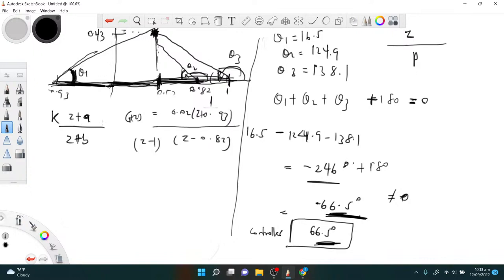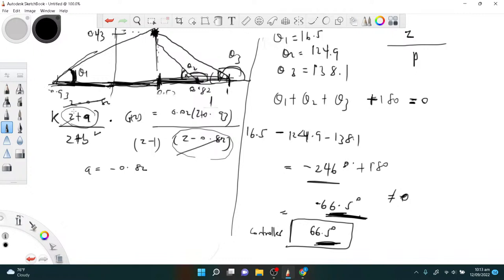So now the easiest way is to let the zero of the compensator be equal to one of the poles, so that they cancel out, and I only have to account for the pole of the compensator. So I'll say, let a be equal to negative 0.82, so I have z minus 0.82, and this will cancel this.